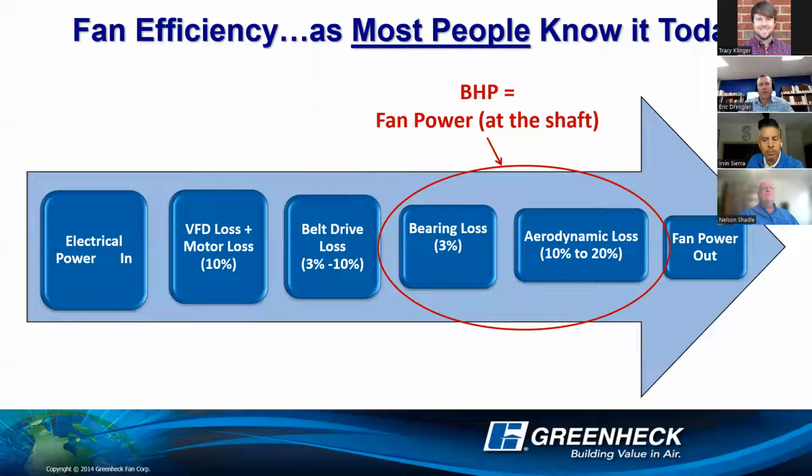When you look at a fan system, you're really talking about electrical power into the drive, the VFD or the motor, and then air power out. For the entire life of the HVAC industry, we've always talked about static efficiency, and that's really fan shaft power. It always ignored belt drive losses, VFD and motor losses, and basically it's just shaft power through the fan.